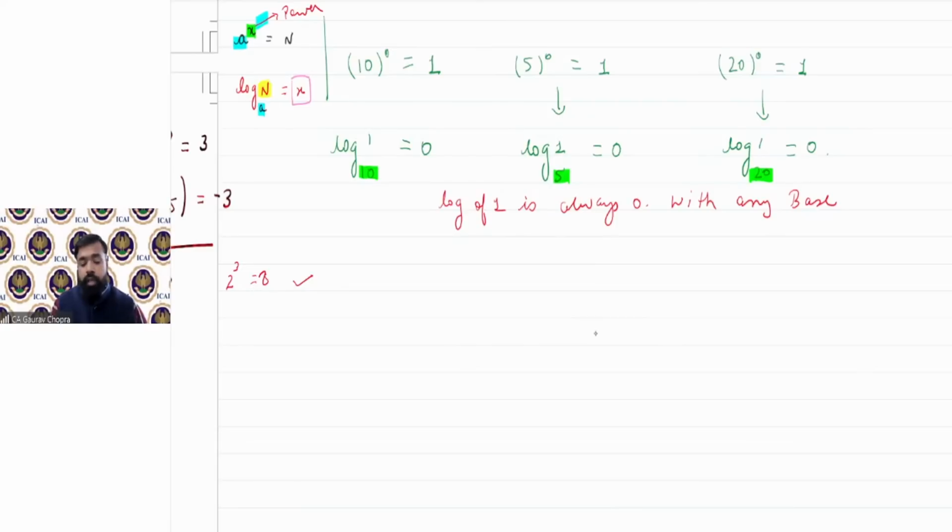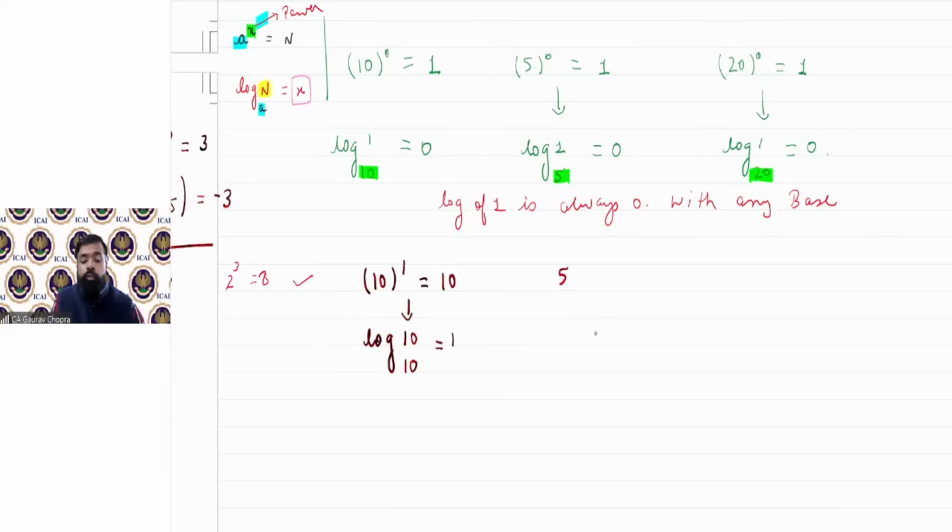All right. Now comes, if we write, let's say, 10 to the power of 1. What is the result? Result is 10. So if we convert this, what will happen? Log of 10 to the base 10 is equal to 1.